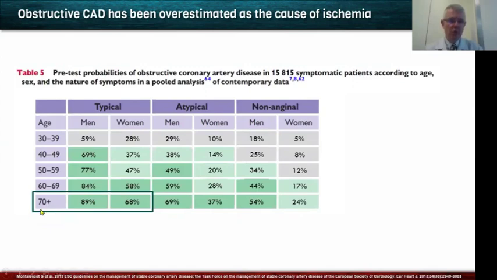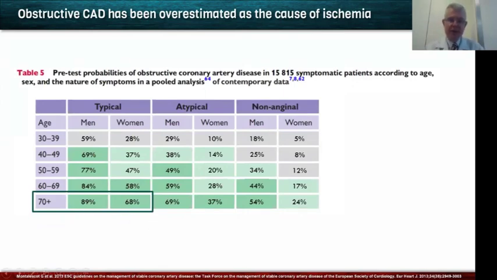Best, if you have a man or a woman over the age of 70 years old complaining of typical angina, the pretest probability of having obstructive CAD was thought to be something like 89%.